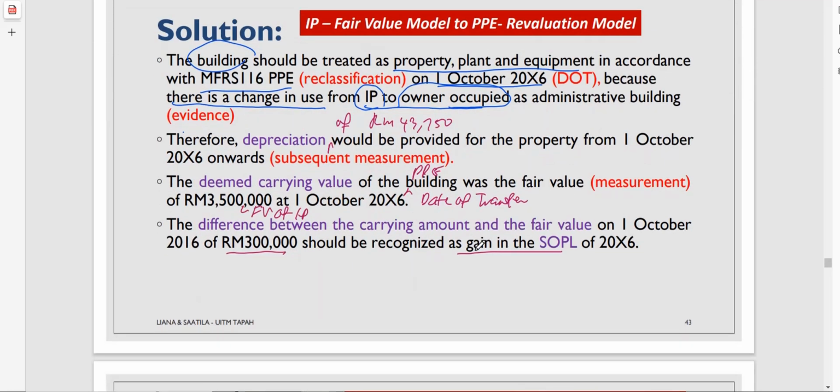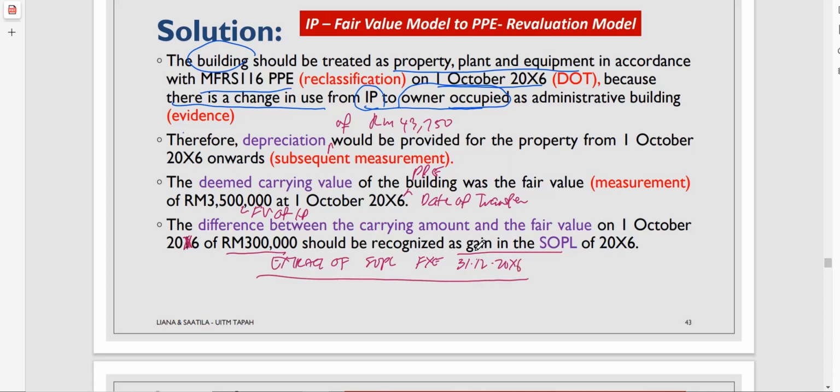If you were to show an extract of the statement of profit or loss, extract of SOPL, for the current year ended 31st of December 20X6, right? This is X6 actually. You would see that there will be expenses.